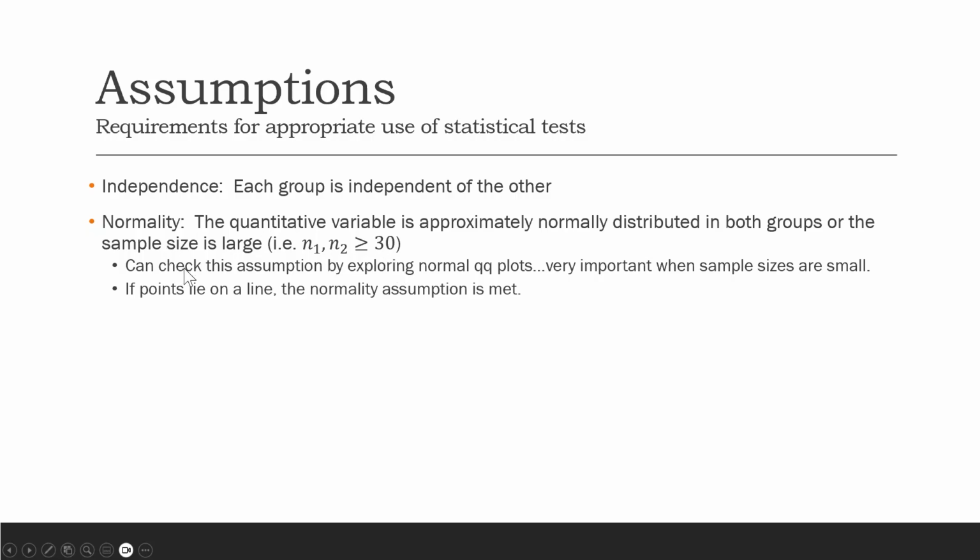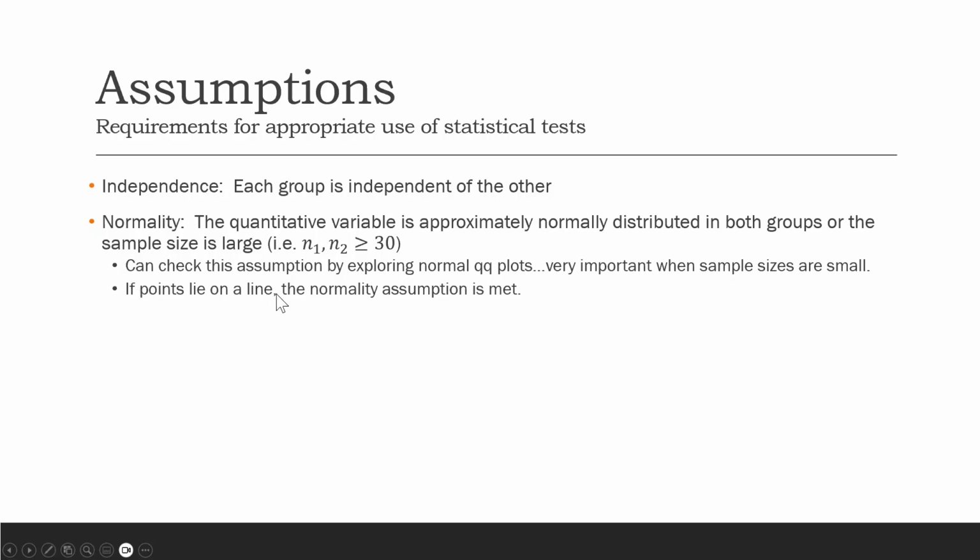Now, we can check this assumption by exploring normal quantile plots or normal QQ plots, or we can use what's known as the Shapiro-Wilk test. And I'll show you how you can do that in JASP. When we look at the normal QQ plots, it's going to be a scatter plot.